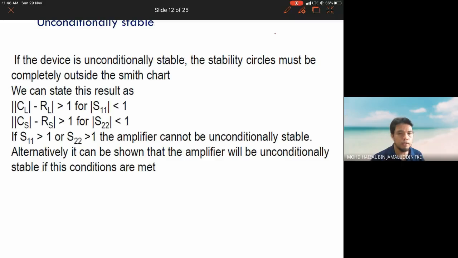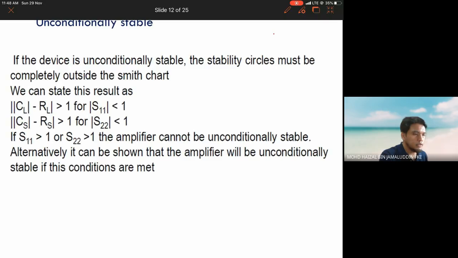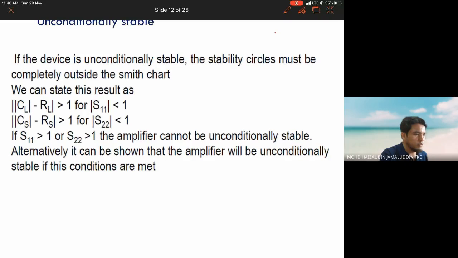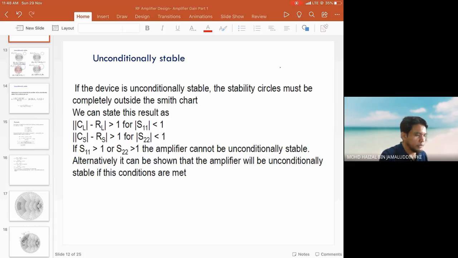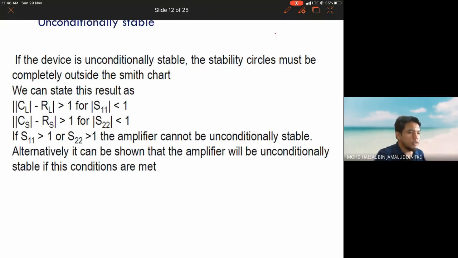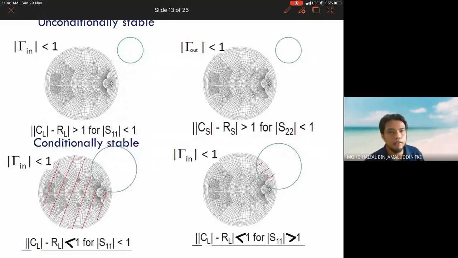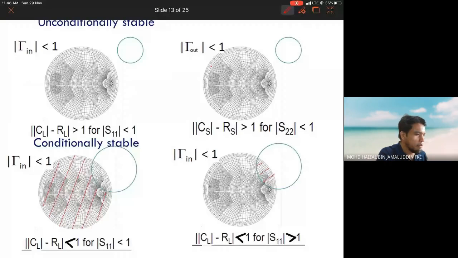So we need to determine whether it is conditionally stable or unconditionally stable, and where the region of stability and instability is. Let's look at this example, which I concluded based on the equations just now.